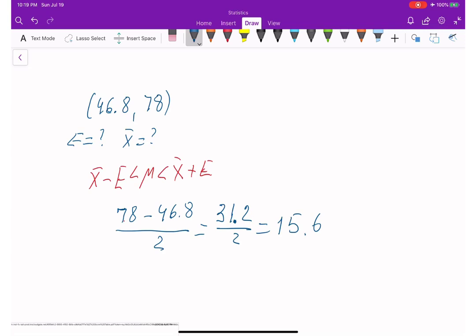So to find sample mean, we either can add the margin of error to the left end point. Left end point is going to be 46.8. Or we can subtract margin of error from the right end point. So we can add to the left end point. So it's going to be 46.8 plus 15.6.